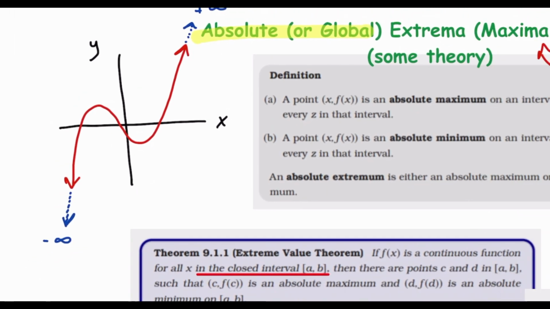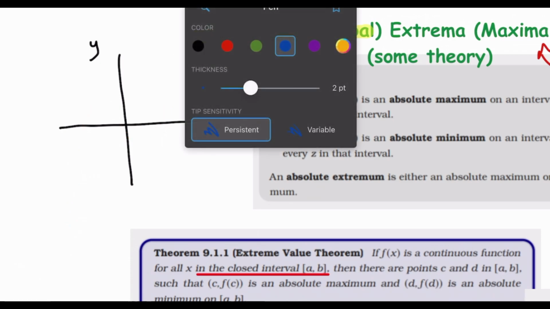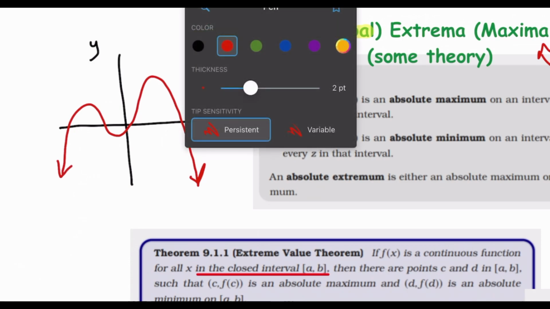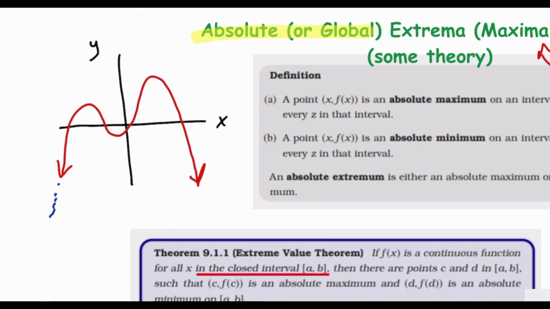Let's actually modify our example for a moment, just so we can focus on a different aspect of this. So I'm going to resketch my curve. Same basic idea. I'm just going to add an extra turning point here. In this case, what is the absolute minimum value of this function? Well, it's going to be going down forever, so it's going to approach negative infinity.